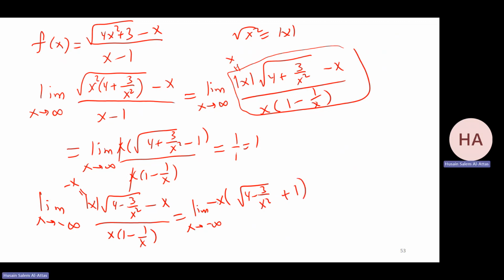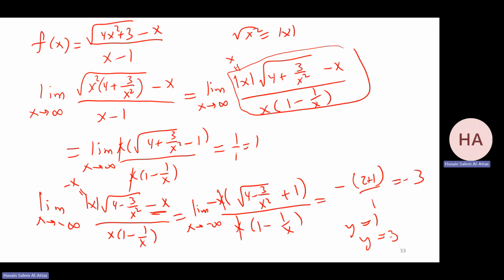This is plus 1. I took minus x common factor, so this will be plus 1 over x, 1 minus 1 over x. So this is cancelled. The rest is just substitution. It will be minus, 2 plus 1 over 1, so it's minus 3. So I have y equal 1, y equal minus 3. These are the horizontal asymptotes.